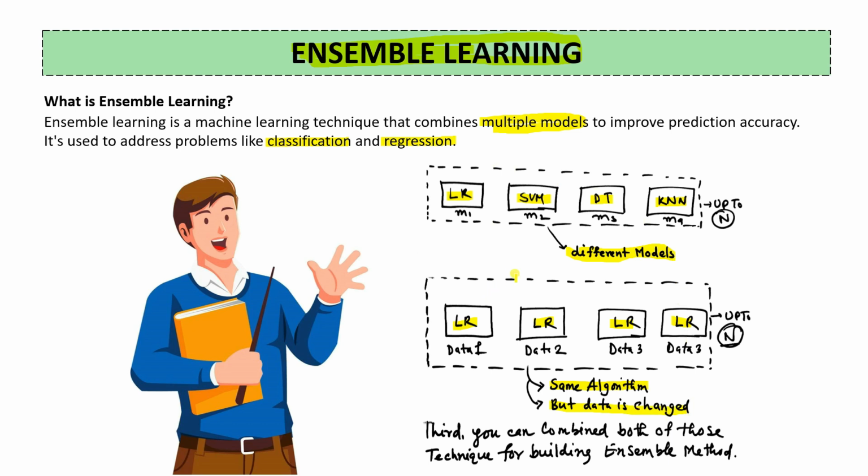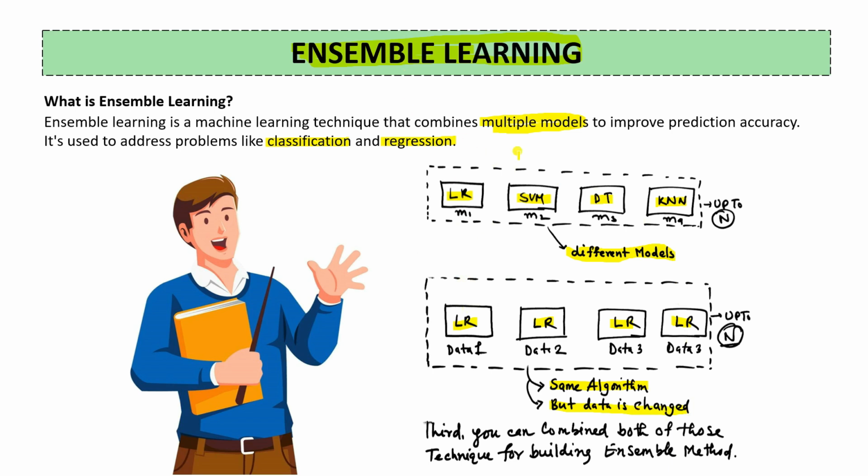This is used in the case of random forest, because we know that random forest is nothing but a group of decision trees. Here we used linear regression, but in random forest we use the decision tree. There is also a third way, where you combine both of these techniques to build your ensemble learning method.